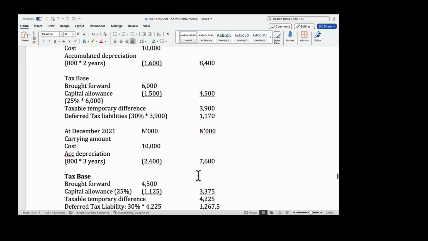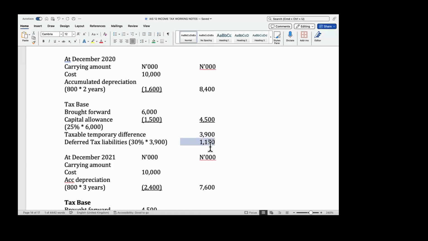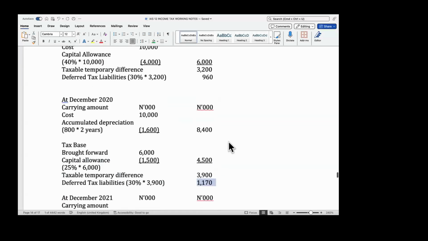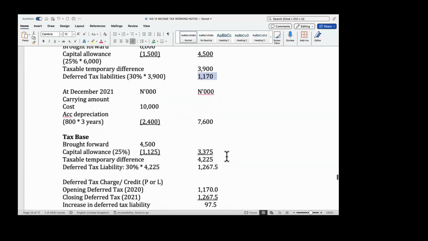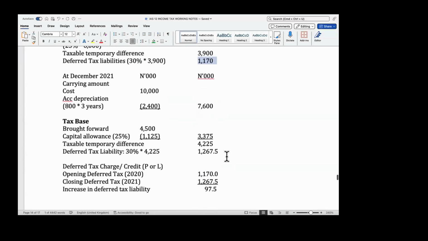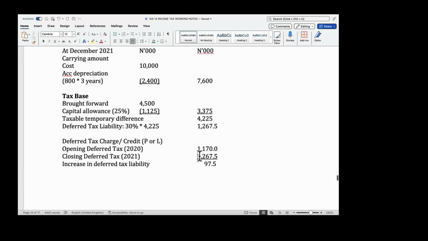If the question had been the deferred tax charge for 2020 and also the balance for 2020, it will have been the balance we calculated here that goes to the statement of financial position, while the increase between 1,960 and 1,170 would have gone to P&L. But what the question really requested was that of 2021. So while this is the balance that will show in the statement of financial position, what goes to P&L is the increase between the current year balance and the previous year balance, which gives us 97.5, and that's what goes to P&L. Okay, now you can ask your question, please.